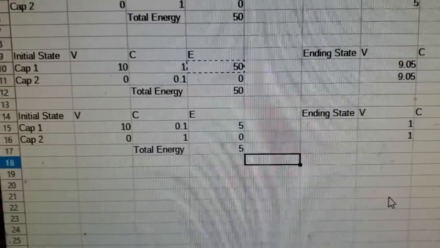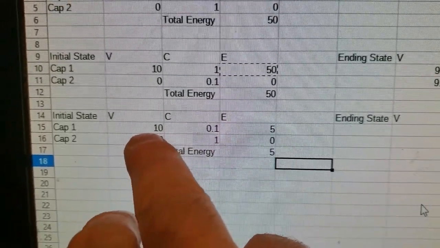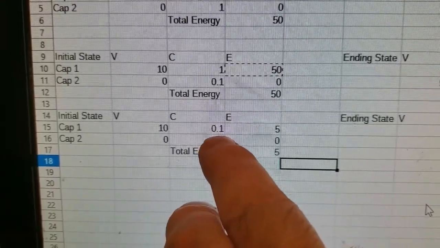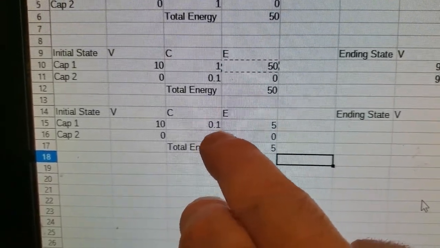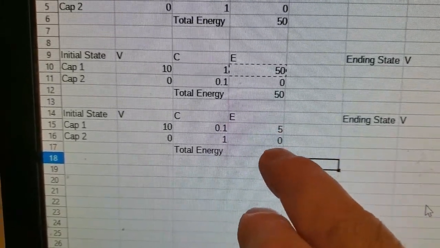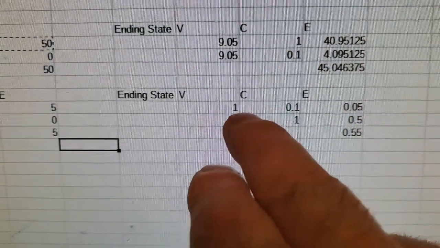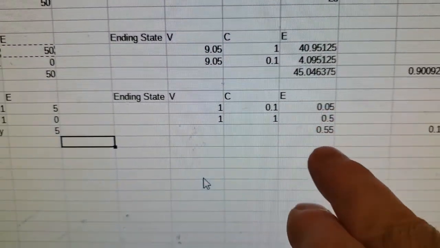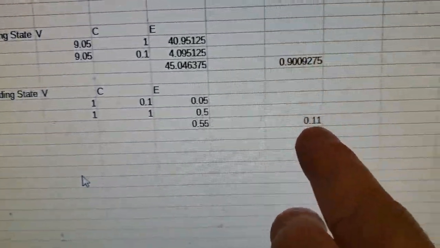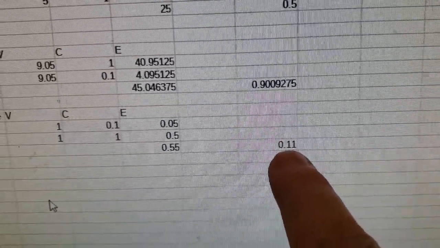Let me do it. Okay, so we put that in, and we were at 10 volts with the small cap at 0.1 millifarads. And so we have 5 microjoules of energy there, 0 in the other, and that's the total. That's what we get for our total at the end. So at this point, experimentally, we lost 89% of the energy.